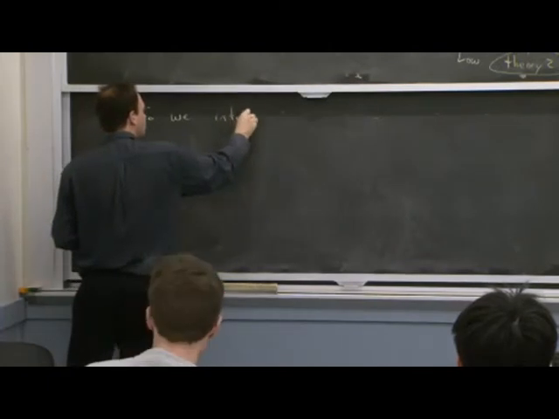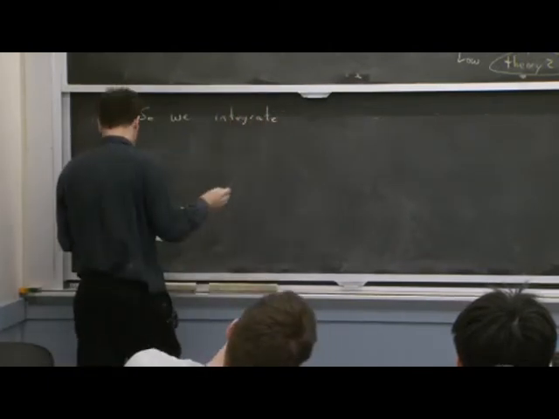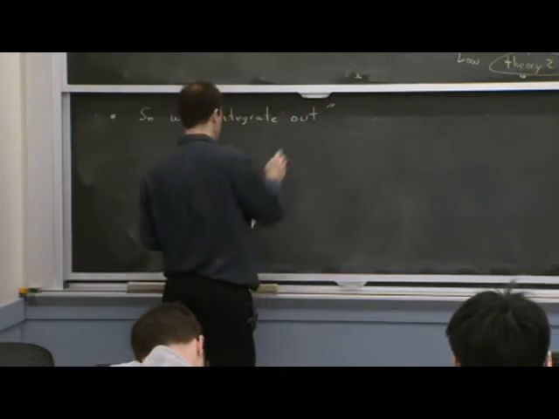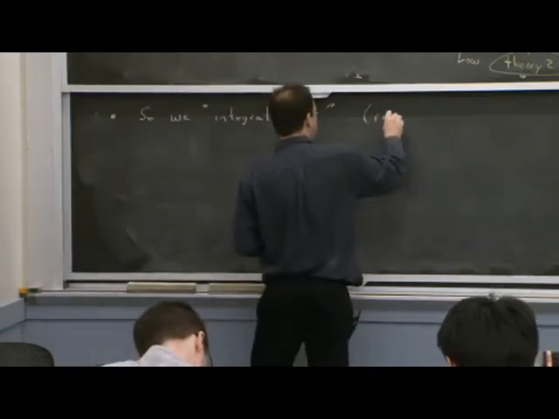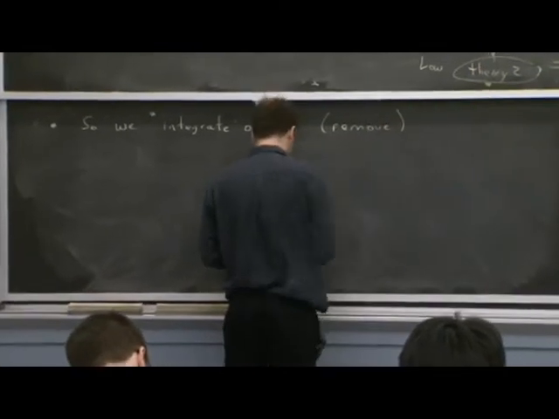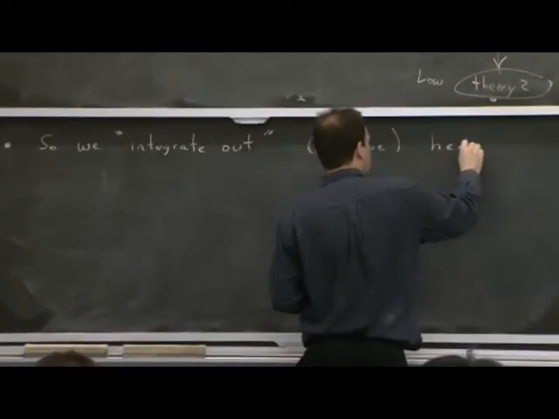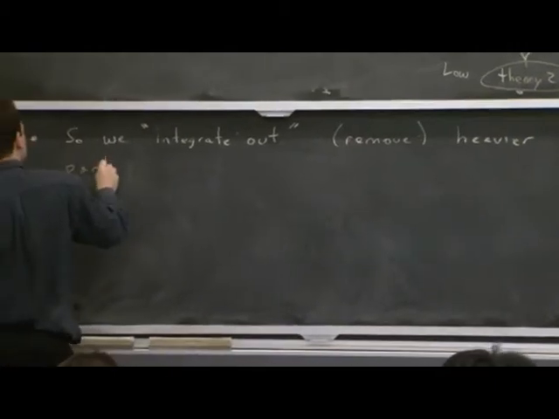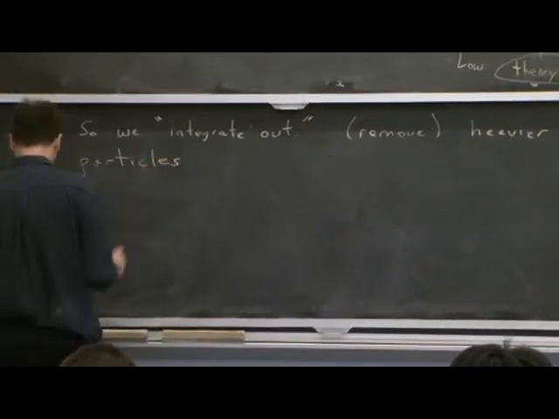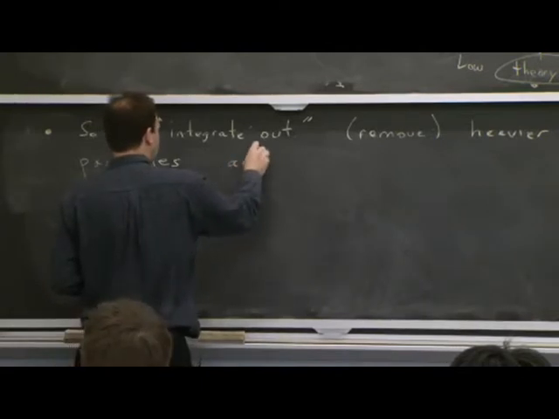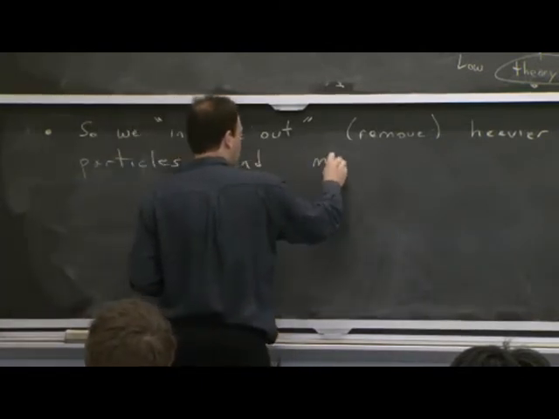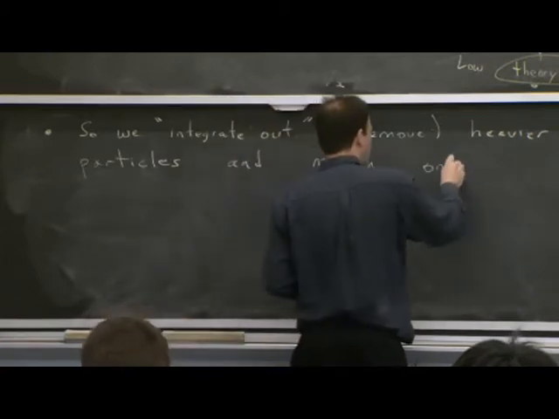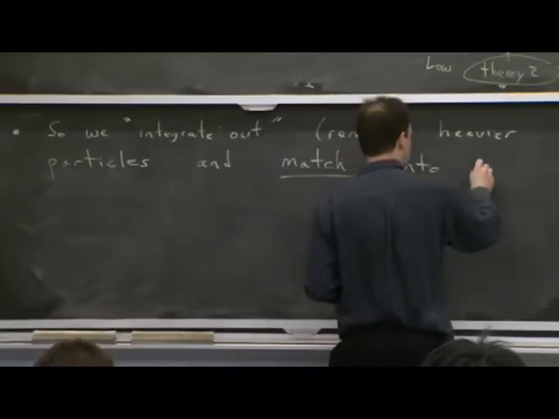So what we can do is start calculating things in theory 1 and integrate out, i.e. remove, the heavier particles. And in doing that, we can do what's called matching onto the low energy theory.